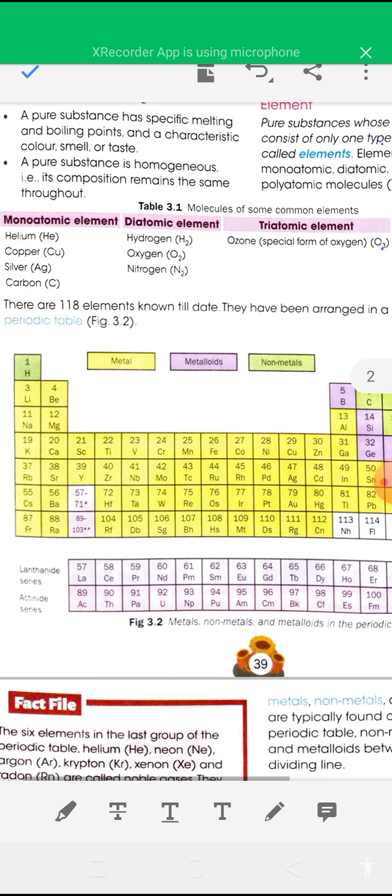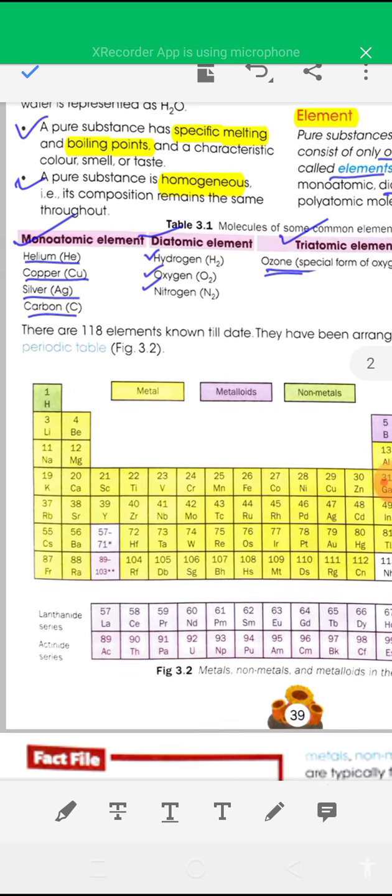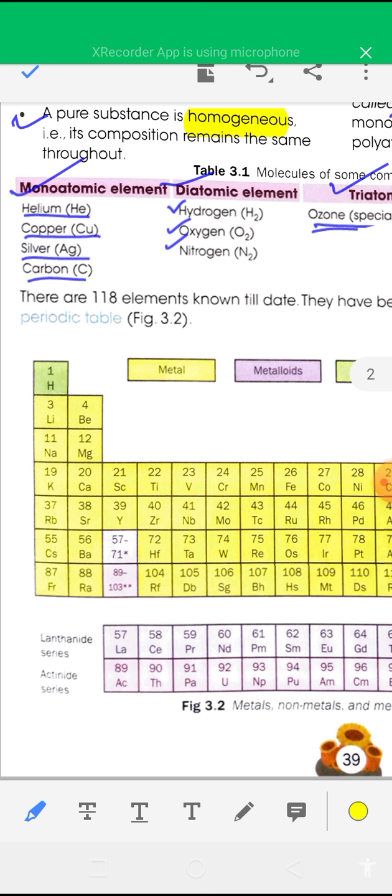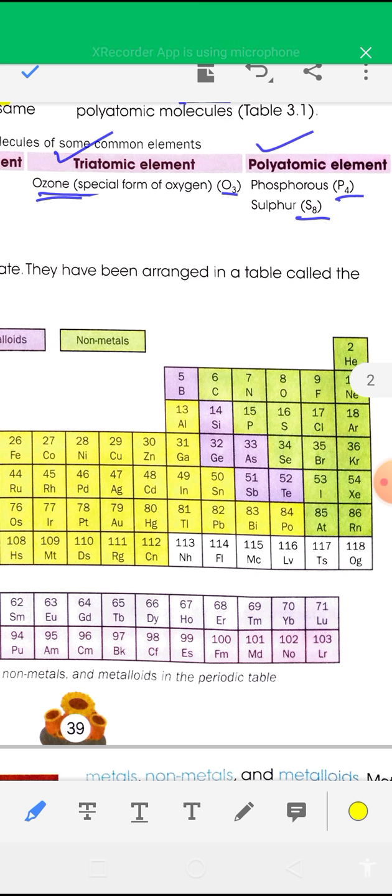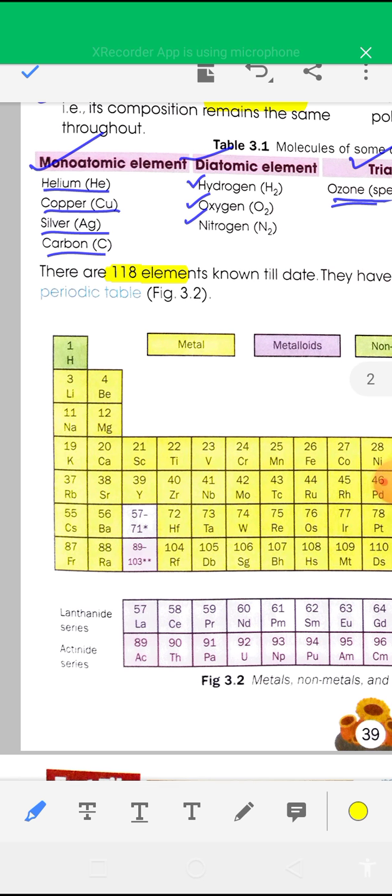And in nature nowadays almost 118 elements are found. Out of these 118 elements, 92 elements are found naturally, and the rest of the elements are man-made elements.